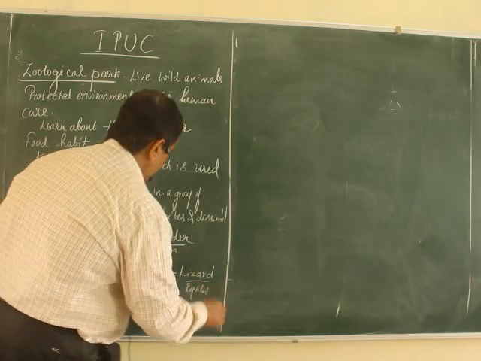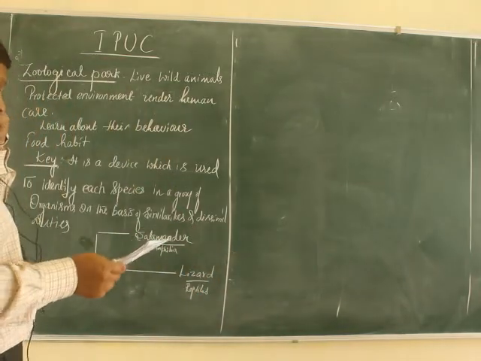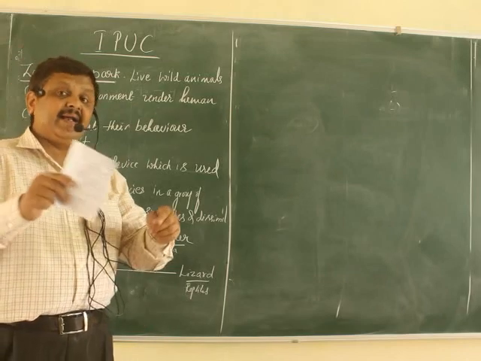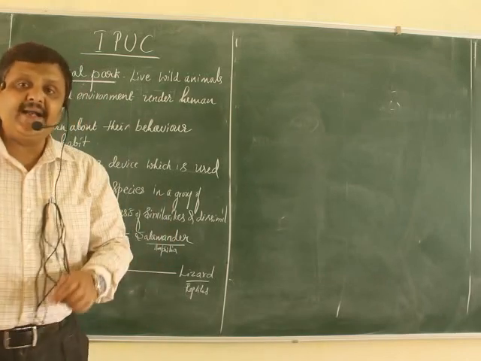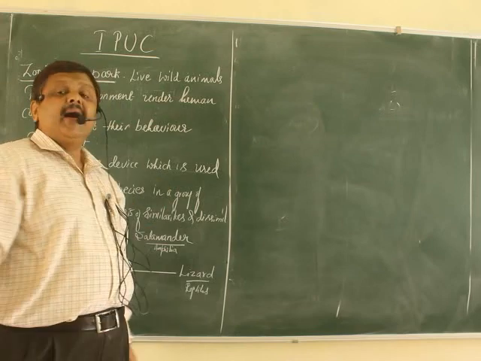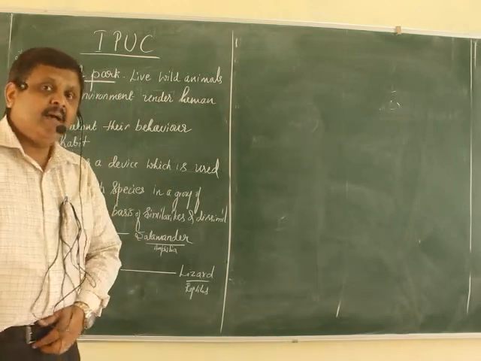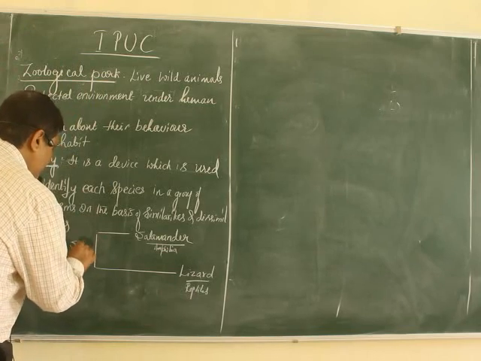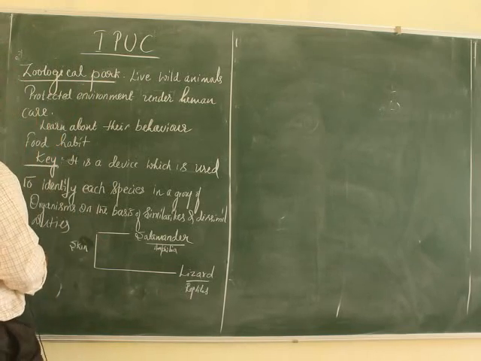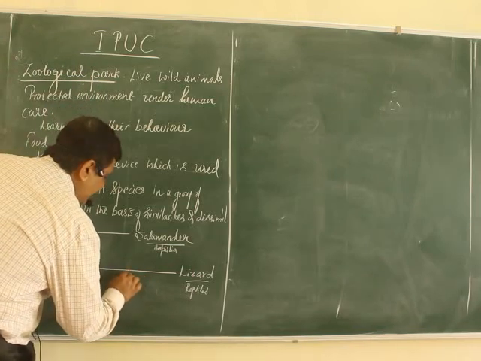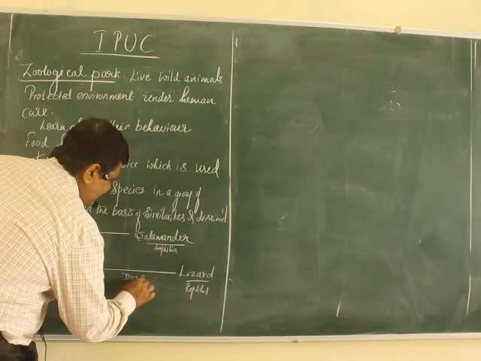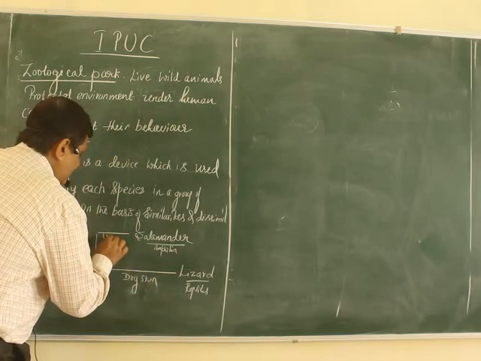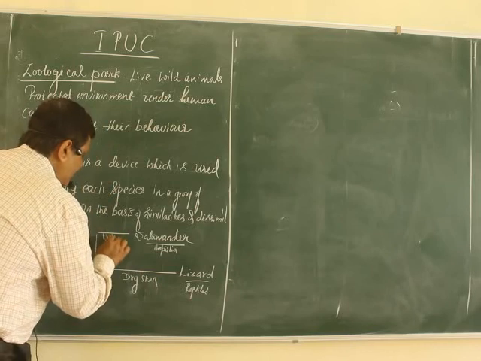My question is, why is the salamander, even though it has a tail like a lizard, four limbs and hind limbs, kept under amphibia? Because of the skin. Lizard has dry skin, and salamander has wet skin.